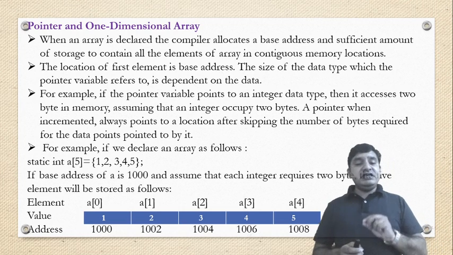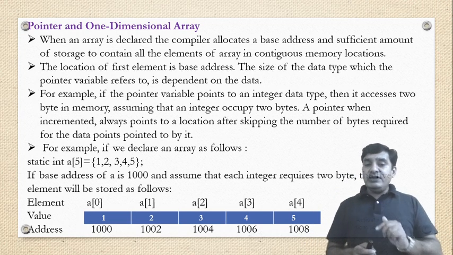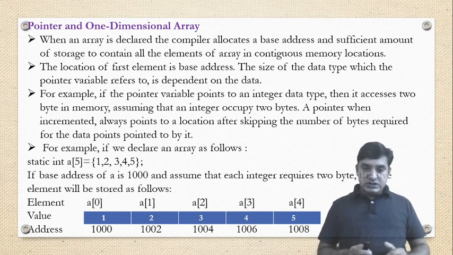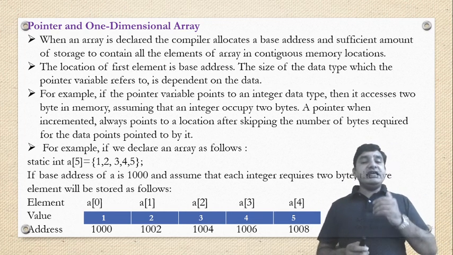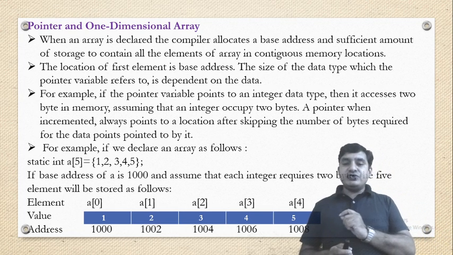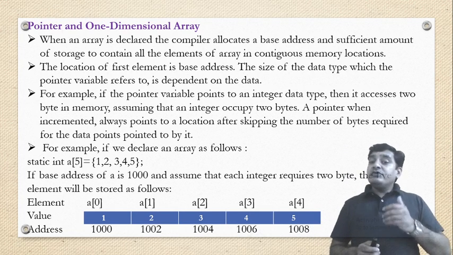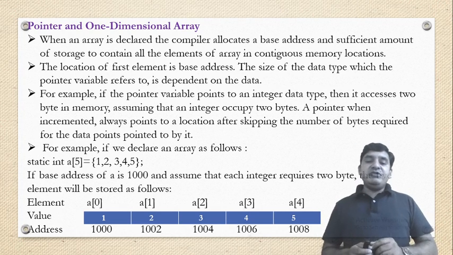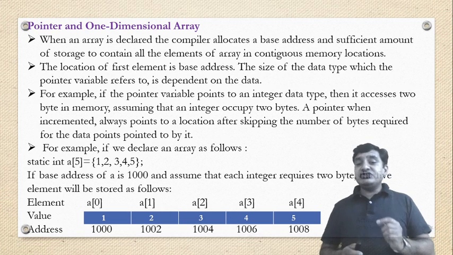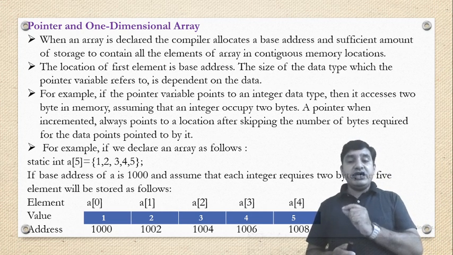Similarly, the third element is a[2], value 3, address 1004. The fourth element is a[3], value 4, address 1006. The fifth element is a[4], value 5, address 1008.